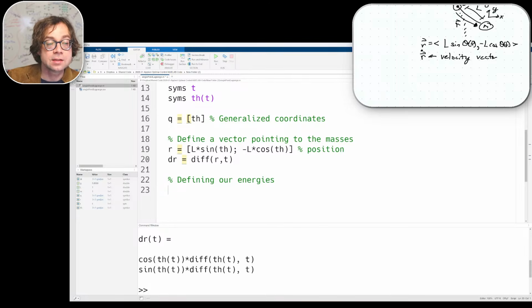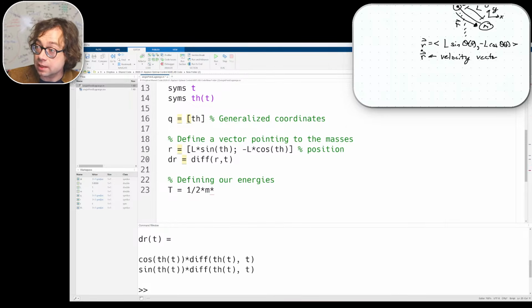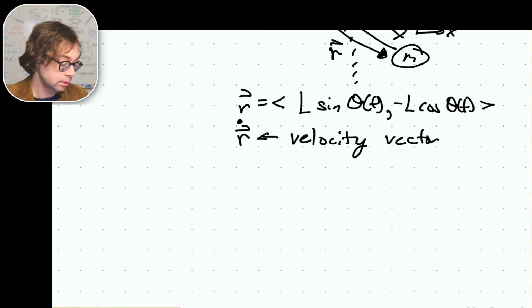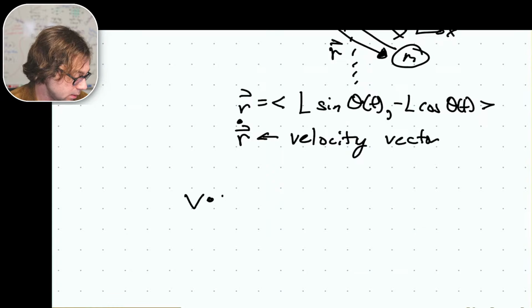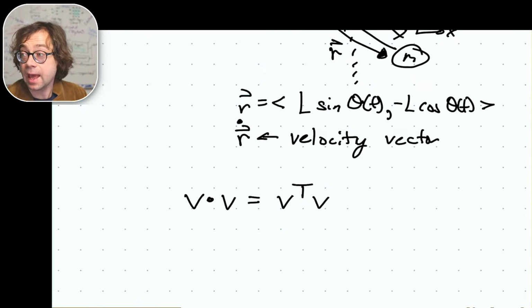So our T is going to be equal to 1/2 m times v dot v. Another way to write v dot v is v transposed times v. Why is that? I'm glad you asked.